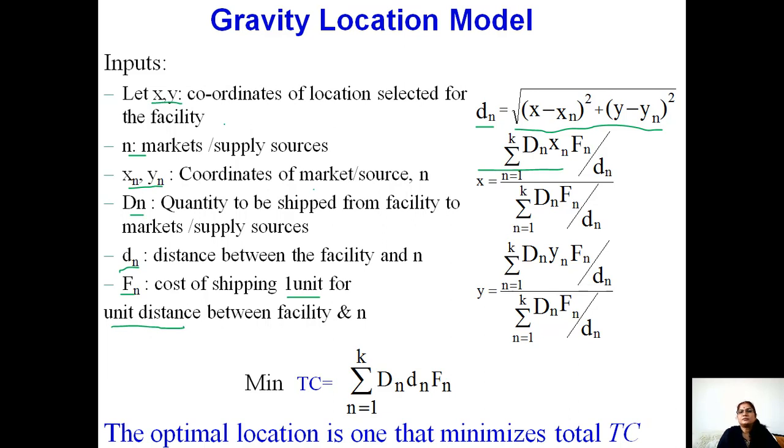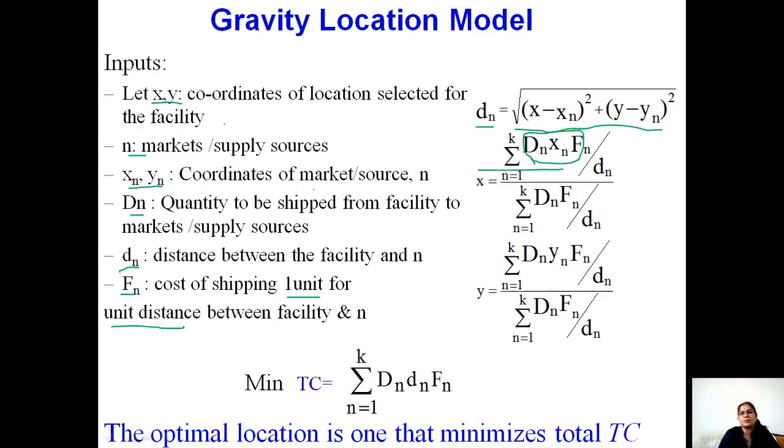Now, Fn gives the cost per unit. If you multiply by the entire quantity to be shipped, then Dn Fn will give us the total cost of transporting the complete quantity. And dn is connected to distance. So Fn, per unit distance, into the distance to be traveled will give us the total cost associated with the entire quantity to be shipped for the complete distance.